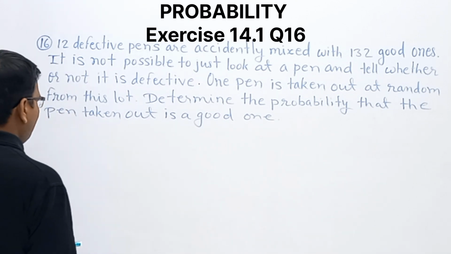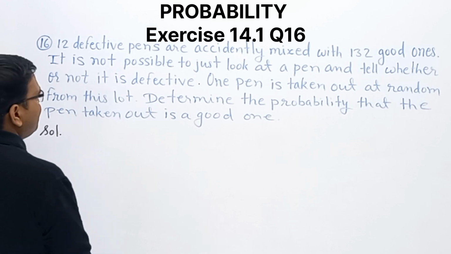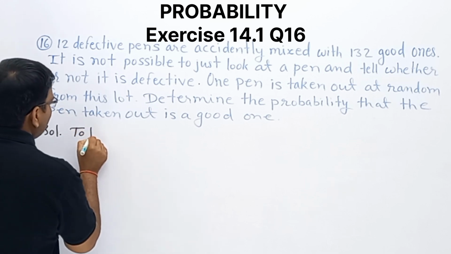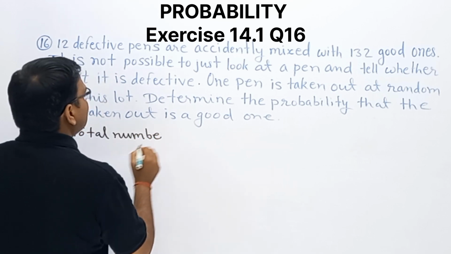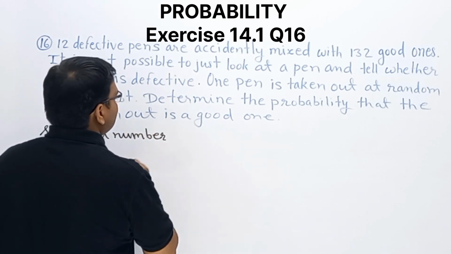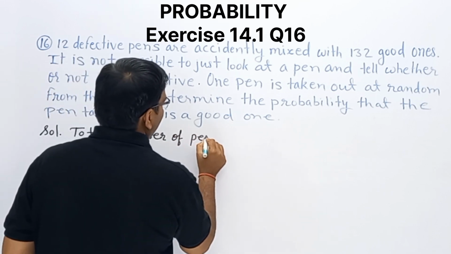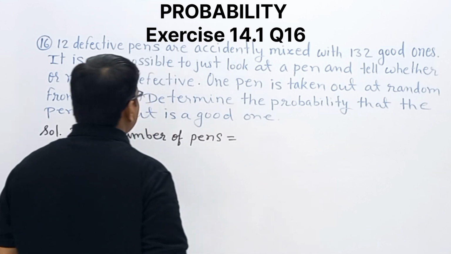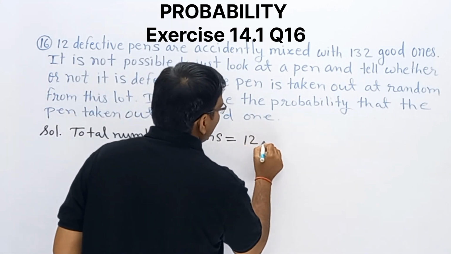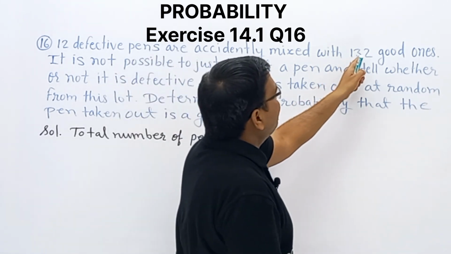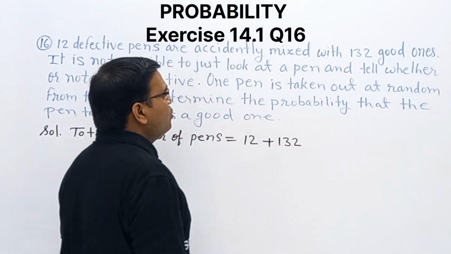So, total number of pens, observe what things we are having. Total number of pens equal to, we are having 12 defective pens plus 132 good pens.